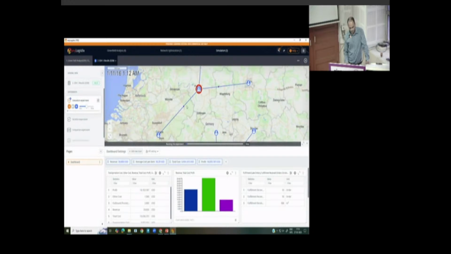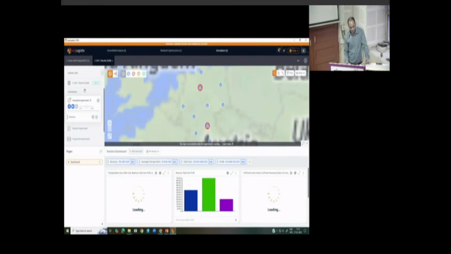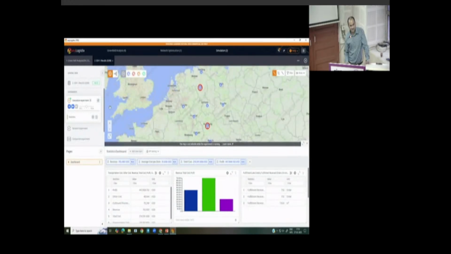Can you see? Small products are moving from this DC to this customer. So this is the results of the Excel file, exact data.